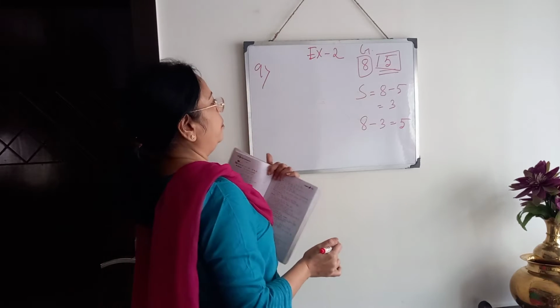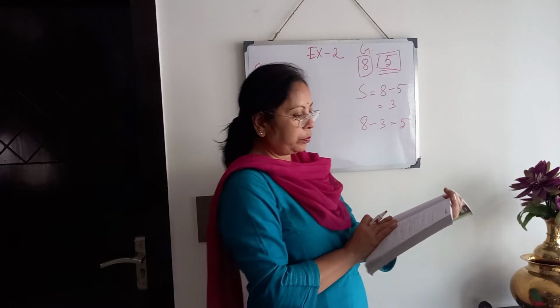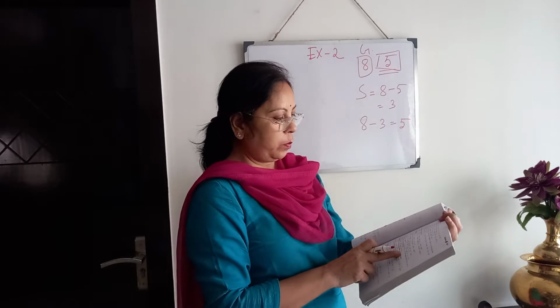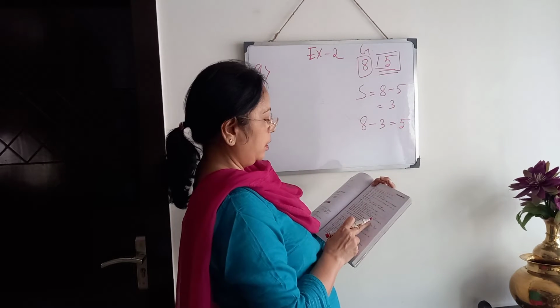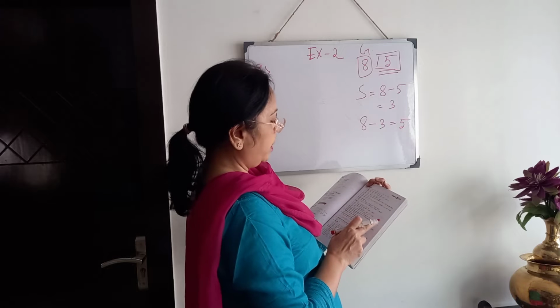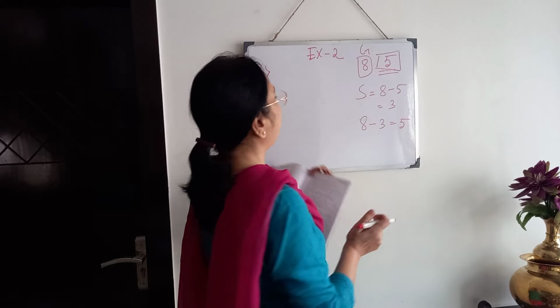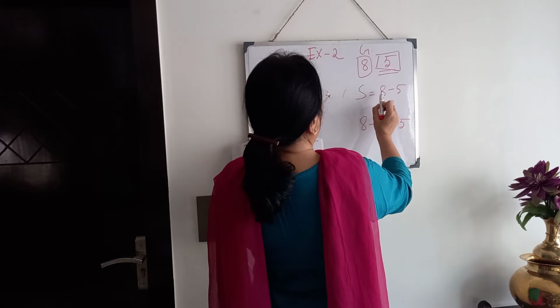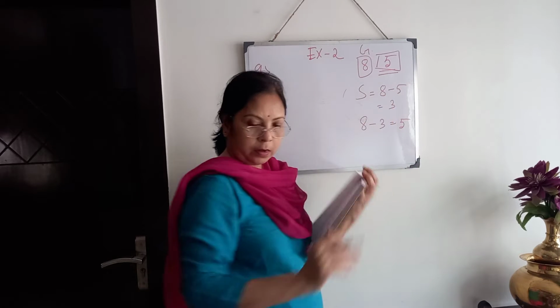Clear? So similarly here, the difference of two expressions is 7x plus 5 and the greater one is 5x square plus 9x plus 8. What will be the smaller one? The smaller one will be calculated as greater number minus that difference.